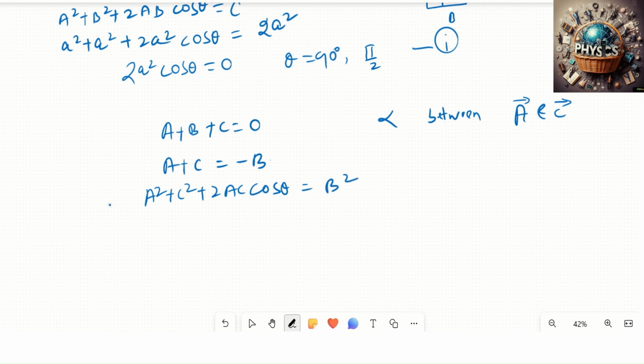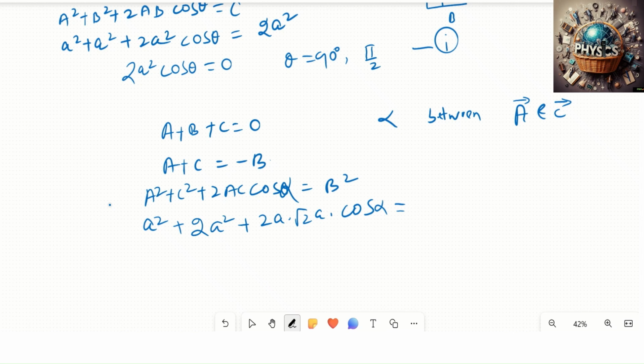We know A is a and C is root 2 a, so it will be 2a square plus 2a into root 2 a cos alpha is equal to B square.